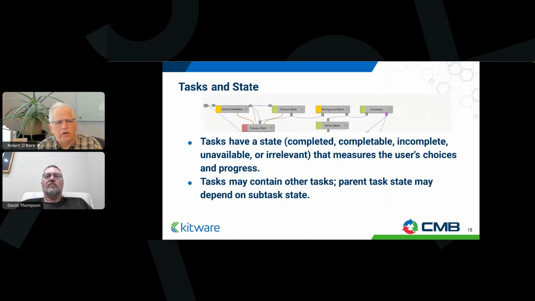The irrelevant one is very interesting. Irrelevant means that the task is no longer applicable to the workflow, and you might be asking why. That one shows up more in multi-physics than anywhere else. Say you've got a workflow that can do CFD and structural mechanics and thermal and heat transfer, and at the very beginning of the workflow, you could say, right now, I'm just going to look at the CFD, computational fluid dynamics part of the problem.